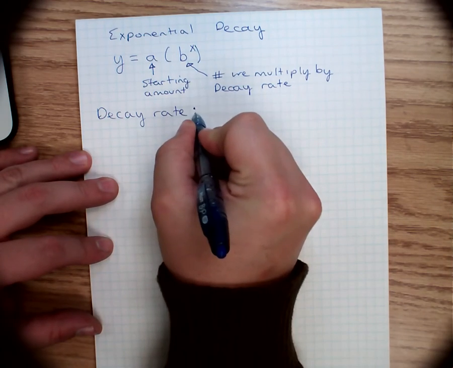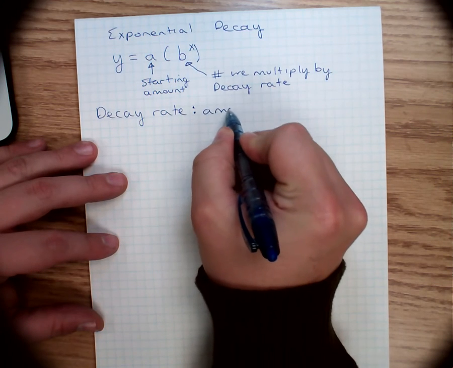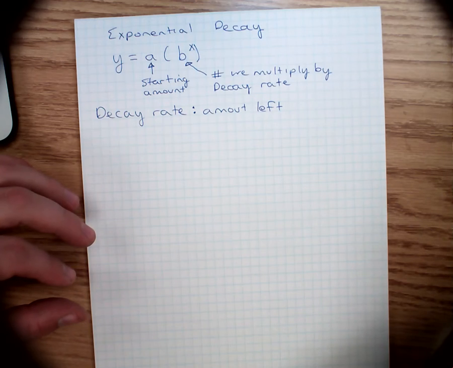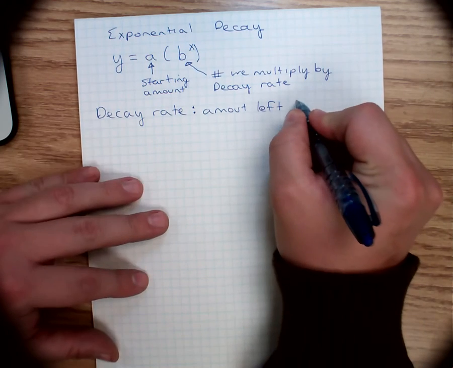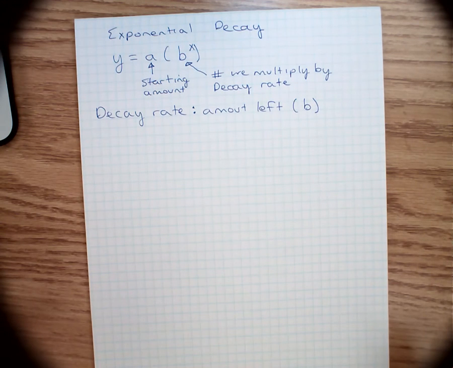It can be given in the amount left, and that is just where you multiply by b, that's just b, or it could give you the actual decay rate.